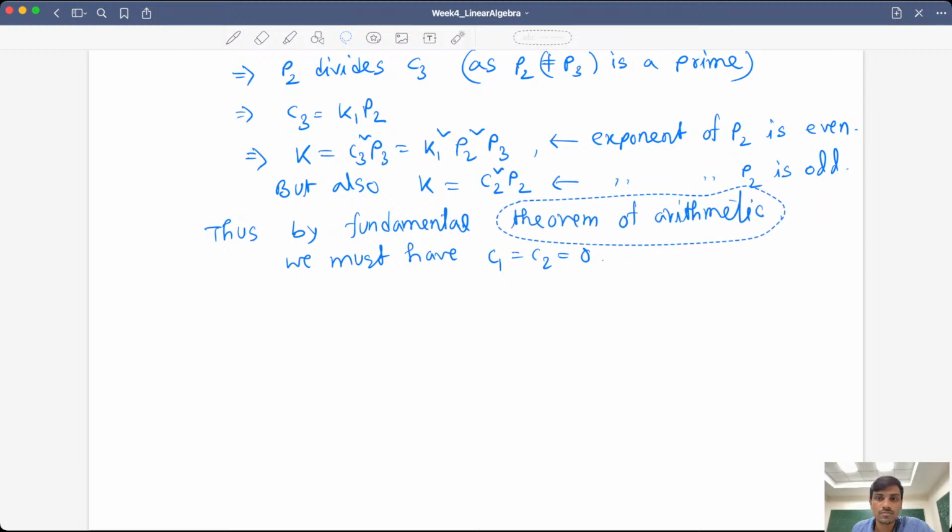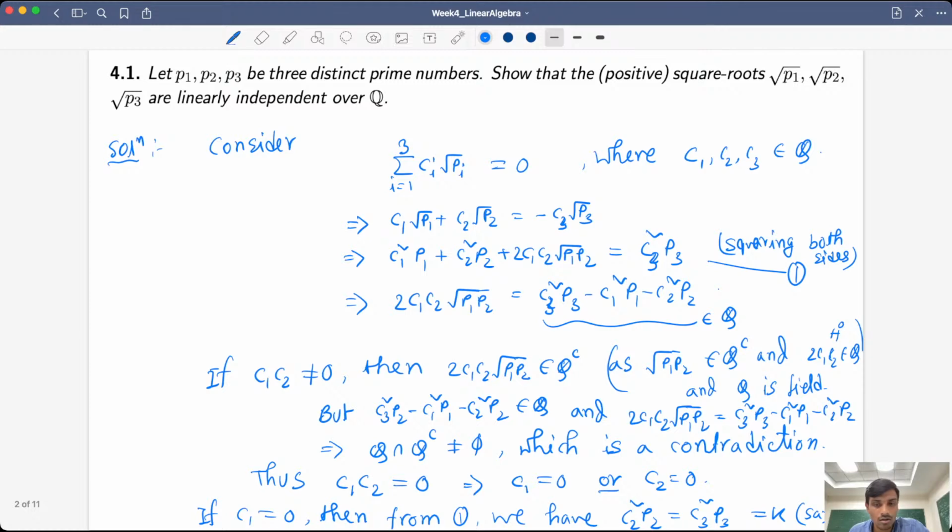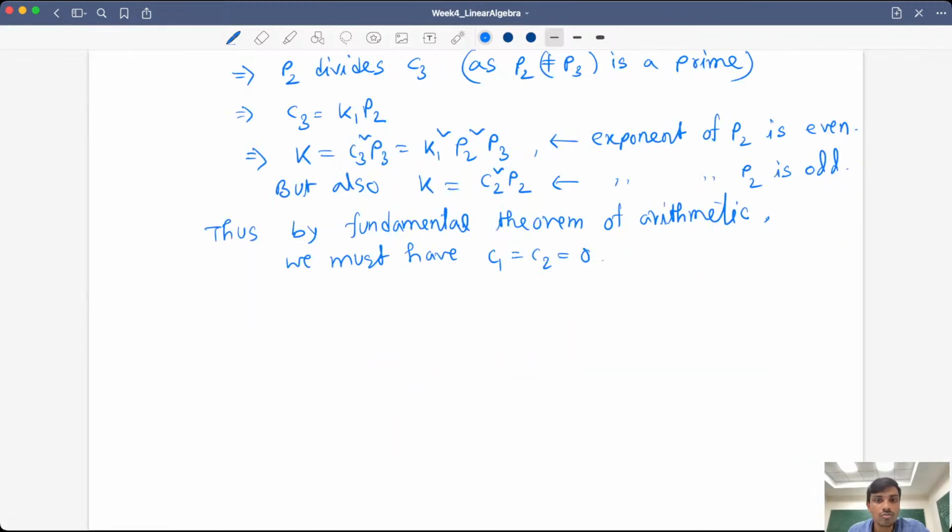Okay, so by the fundamental theorem of arithmetic we must have C2 equal to C3 equal to 0, because this K can be 0 only if, since P2 and P3 are non-zero, either C3 square equals 0 or C2 square equals 0; both of them should be 0.